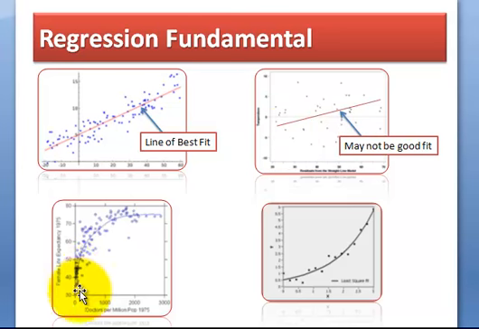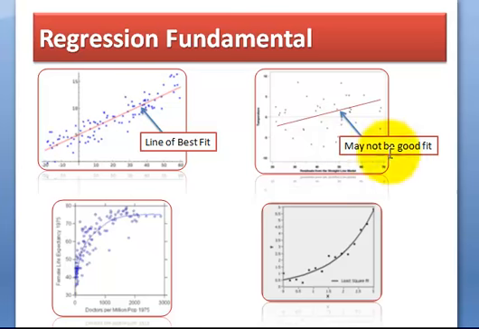Now, the other thing I want to point out is sometimes linear regression is not the best fit of the data. Sometimes we have exponential equations that better fit the data. Sometimes we have logarithmic equations that better fit the data. And sometimes we don't have a good relationship to fit the data.